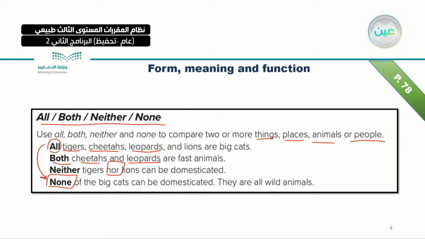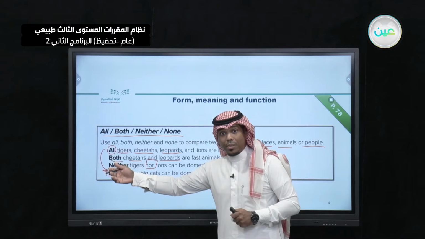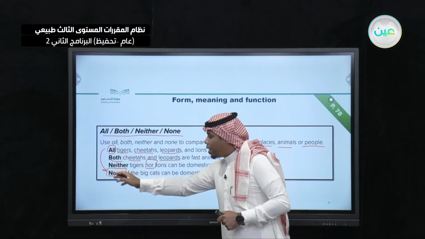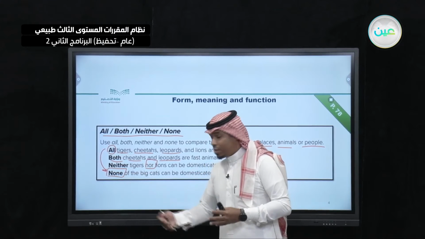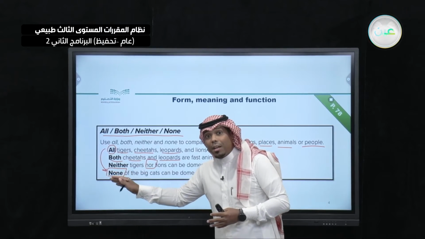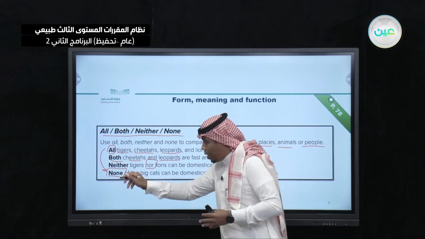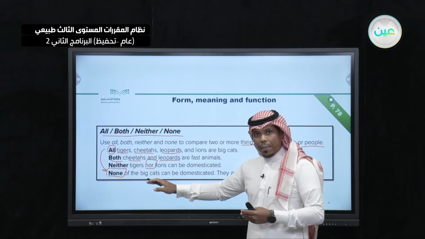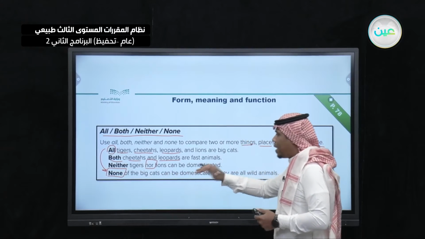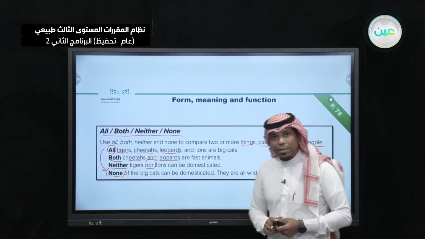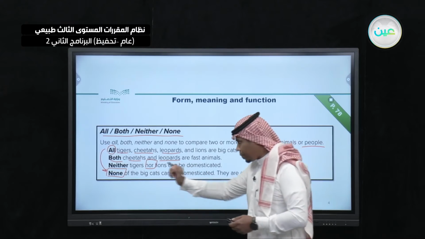So look here, we used all in affirmative sentences, and with none, in a negative sentence, it gives us a negative meaning. You cannot say, for example, not. You only use none of the big cats can be domesticated, as you can see here. Good.